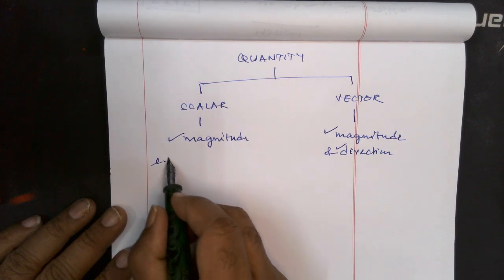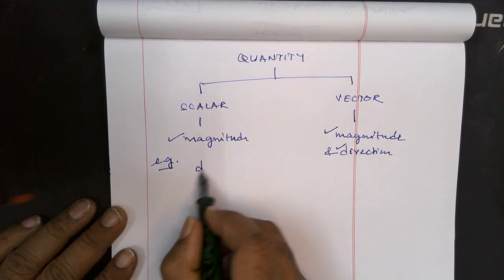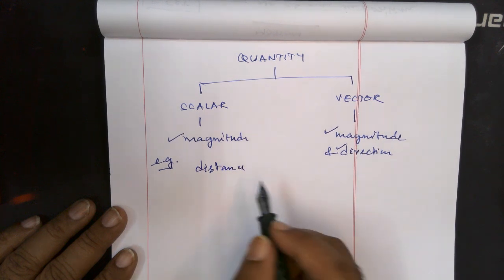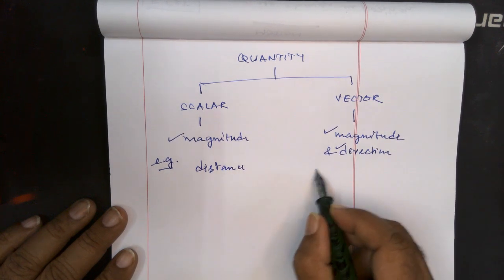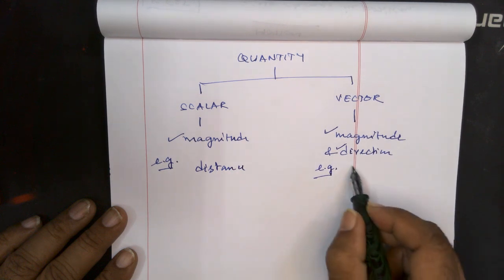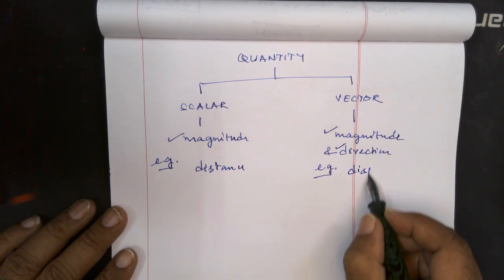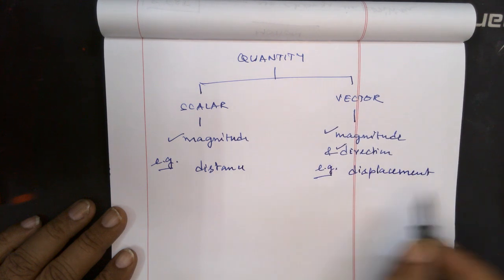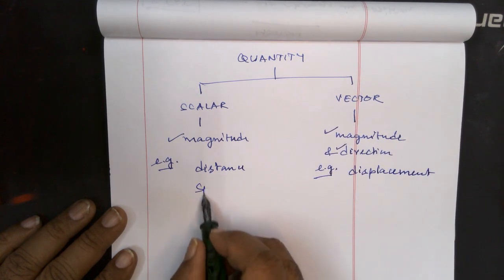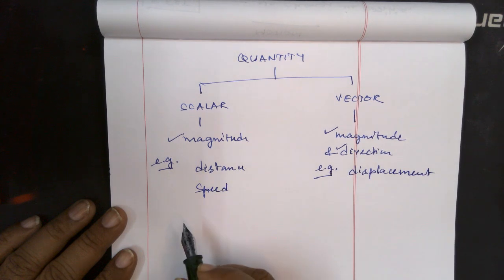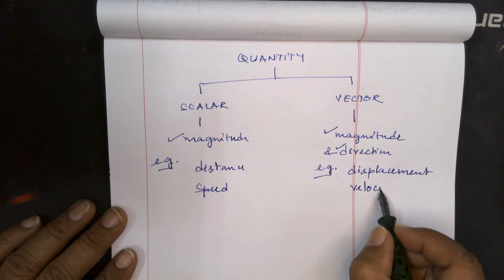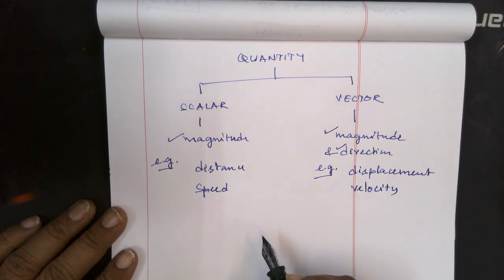For example, distance is a scalar quantity. Displacement is a vector quantity. Speed is a scalar quantity. Velocity is a vector quantity.